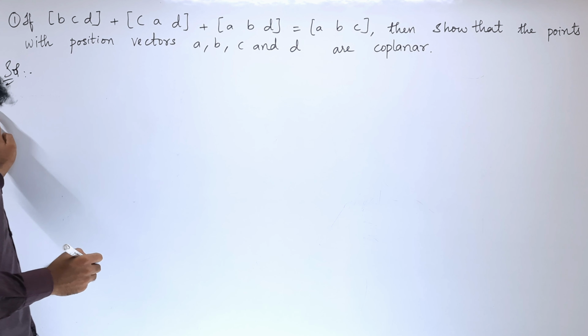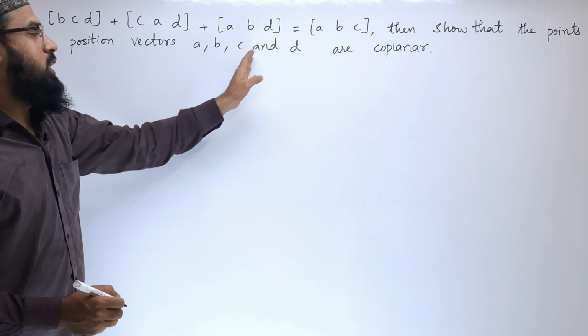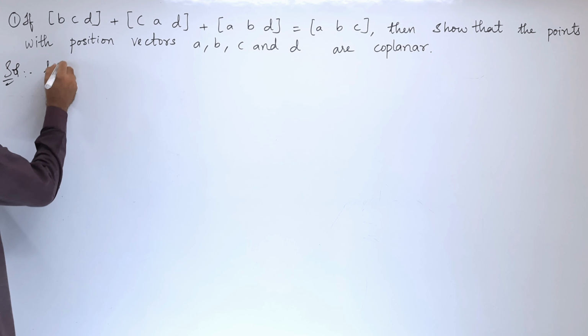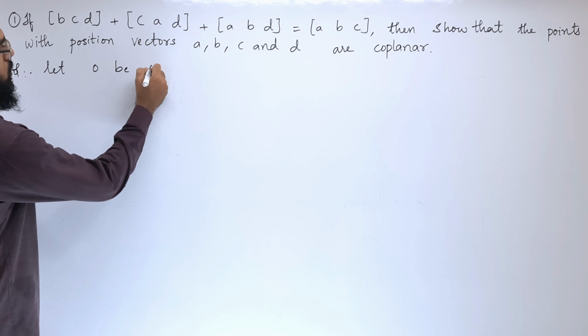They said that A, B, C and D are the position vectors. So we will start: let O be the origin.